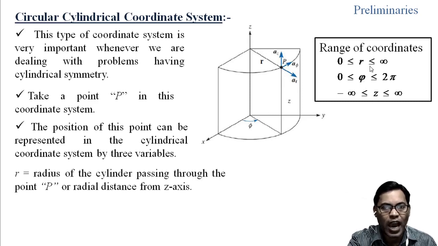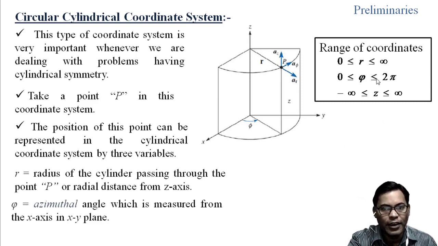Here what is r? r is the radius of the cylinder passing through the point P. Here r is the radial distance from the z axis, passing through the point P, and the unit vector, if we draw here, will start from this point P and follow the path in which r is moving.